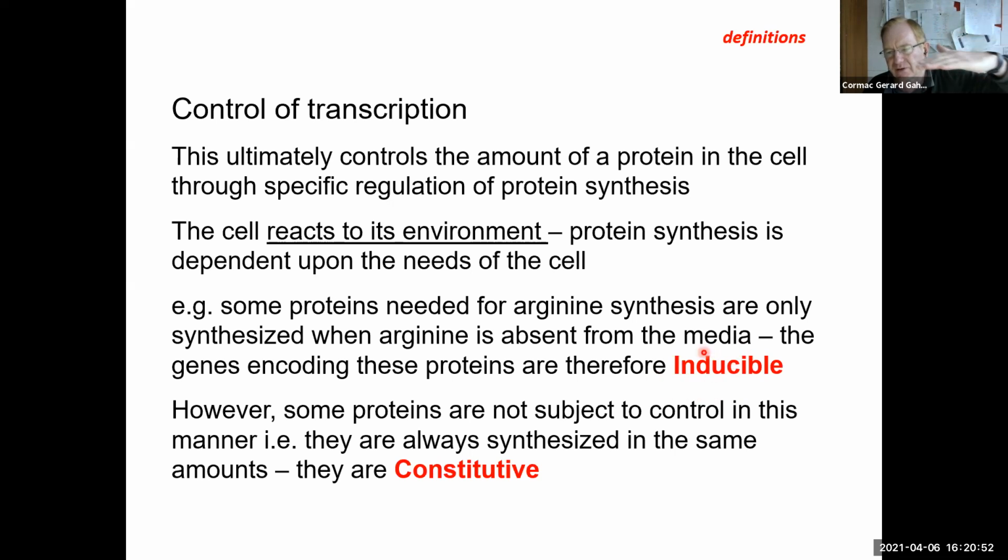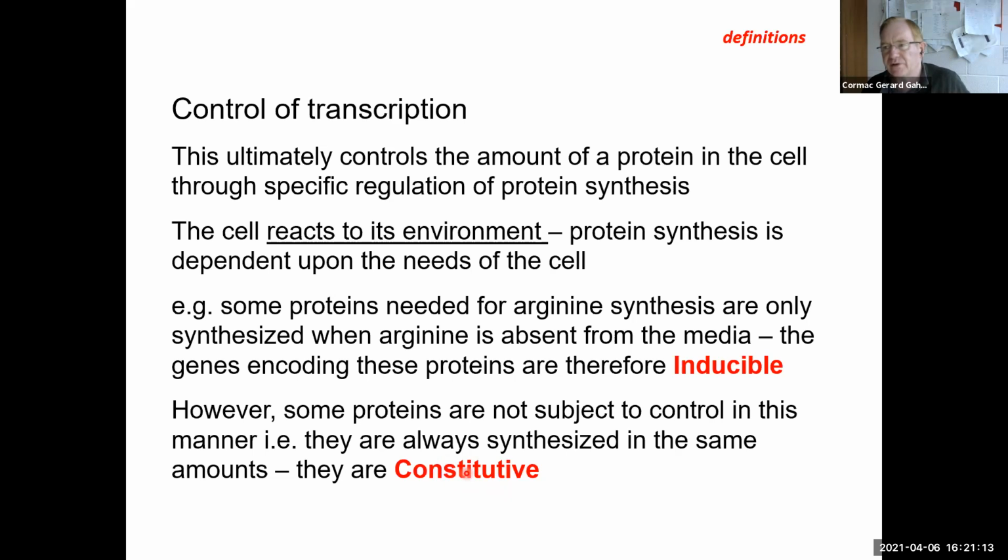Okay, so for inducible proteins, in other words, the majority of proteins in the cell are inducible. They go up and down depending on the environment. Whereas there are some proteins that are constitutive. They are always produced by the cell. It doesn't matter what the environment is. They're important proteins.